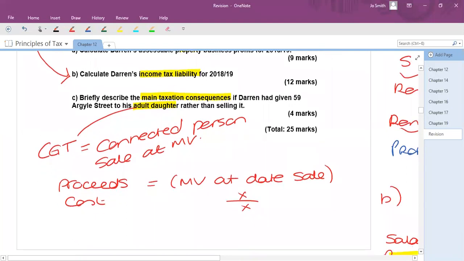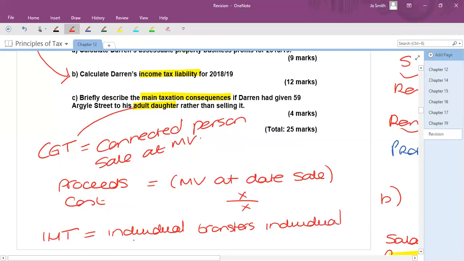The other element, which you won't be familiar with because we've removed it from the syllabus for this year, is the IHT, inheritance tax. If an individual transfers anything, this can be assets or money, to another individual, it is classed as what we call a PET, potentially exempt transfer.